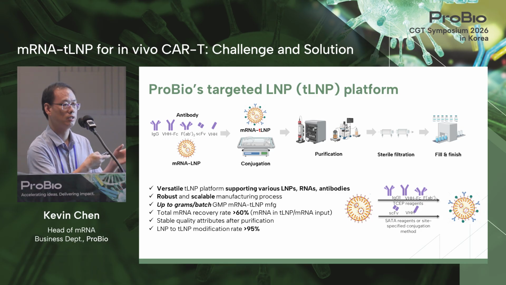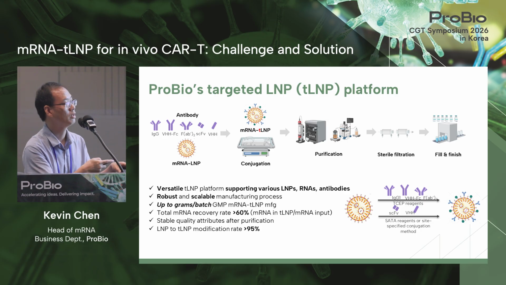All these different types of antibody can be conjugated to the LNP to generate the tLNP samples. Then we use TFF to remove the extra residual antibody and purify the tLNP samples. After that, we do sterile filtration to generate the final samples, and then fill and finish.